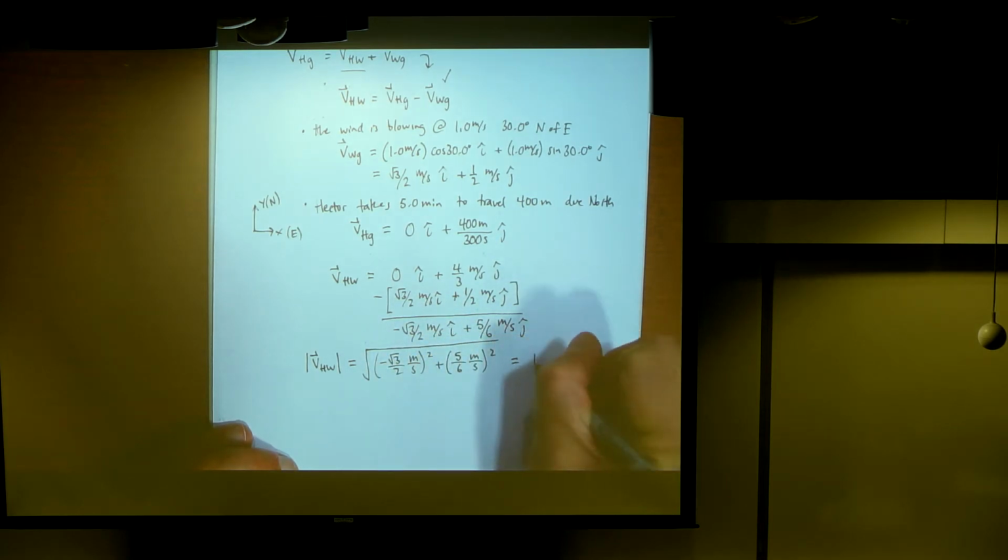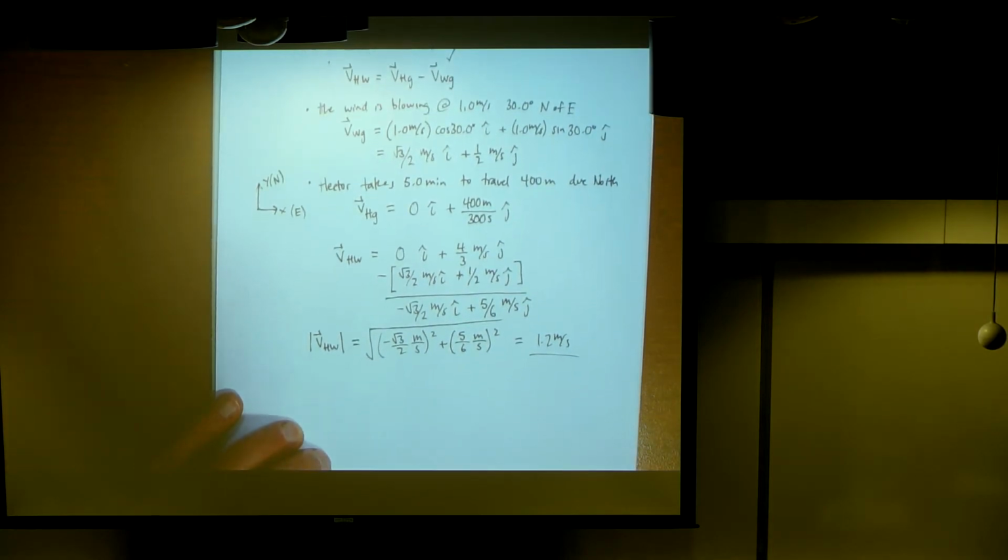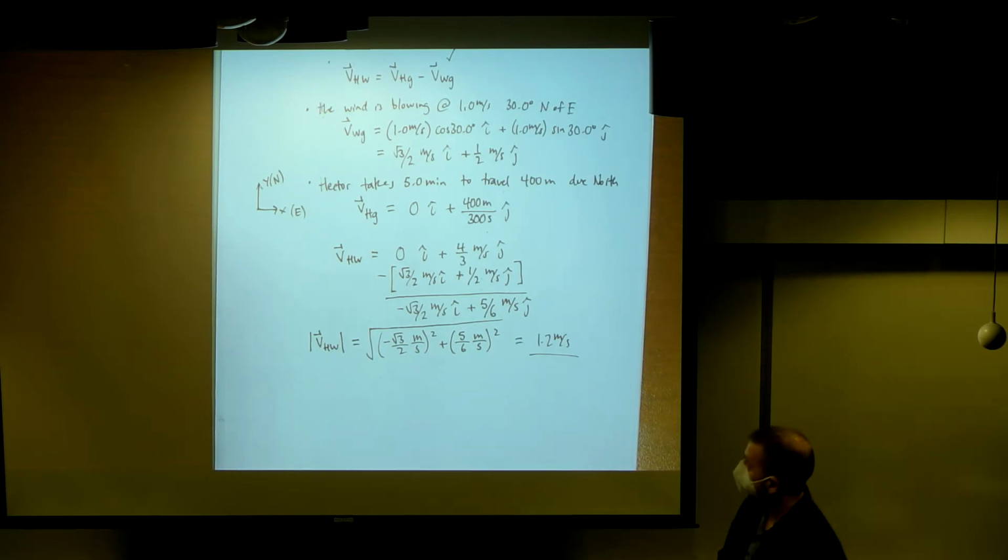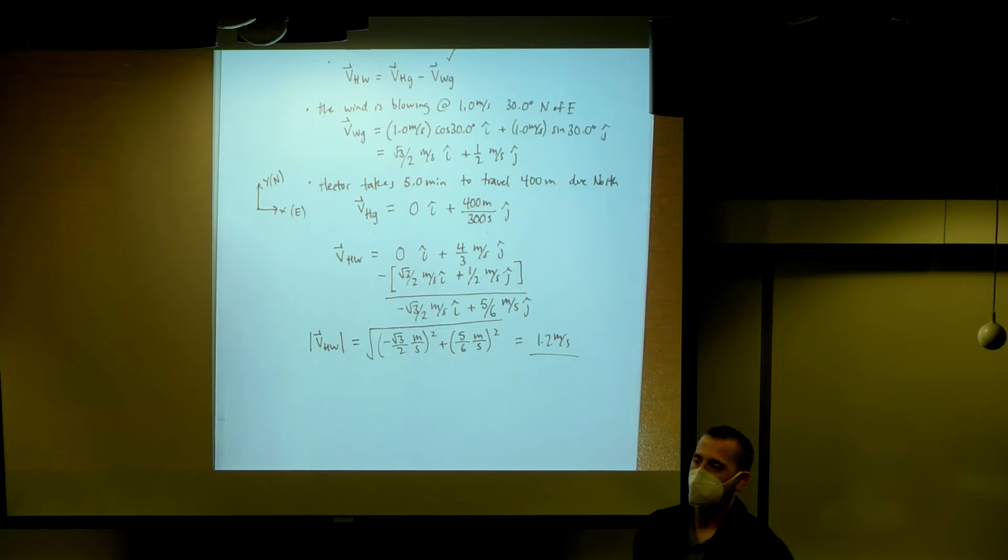This comes out to about 1.2 meters per second if you work it out. Okay? So that's that problem. Any questions on how this works? Okay. We'll do a few more examples and hopefully it starts to click.